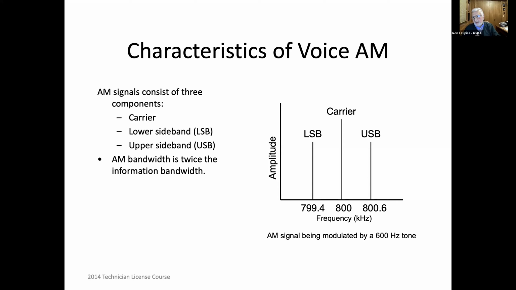Now, this is not radio. We're just talking about mathematics here. If I multiply sine of 1t times the sine of 4t, I'm going to end up with signals at 4 and signals at 3 and signals at 5.